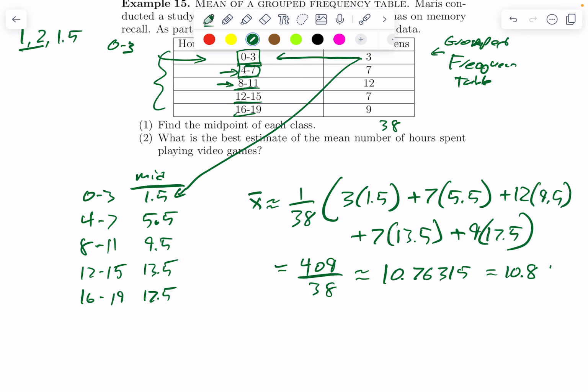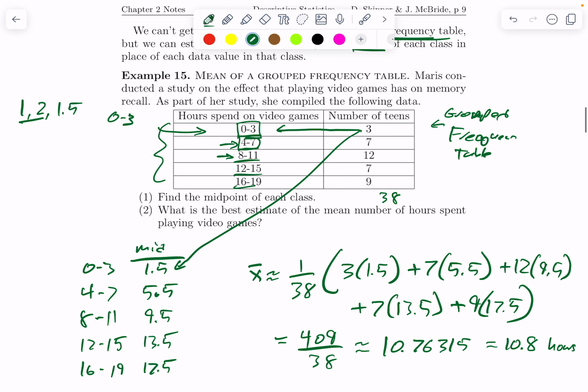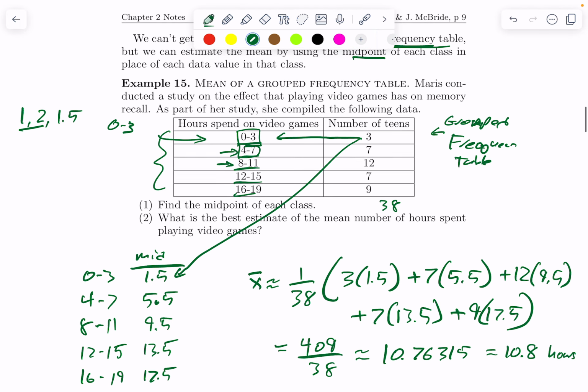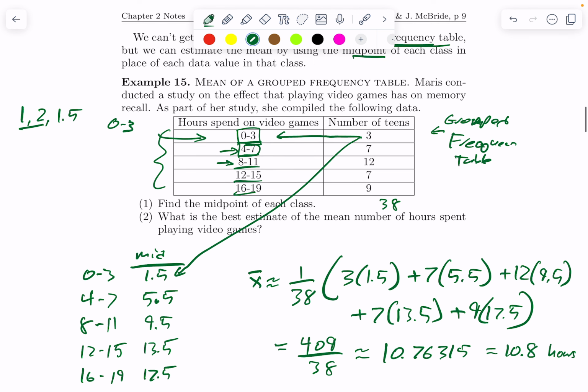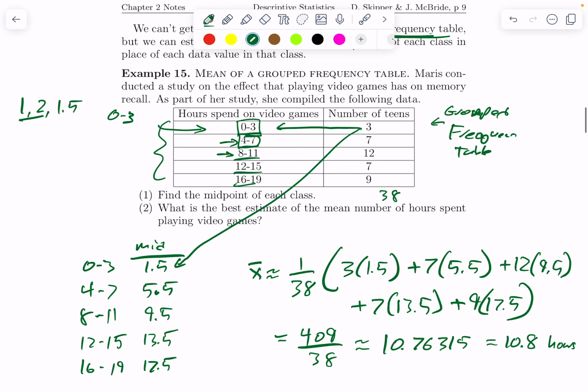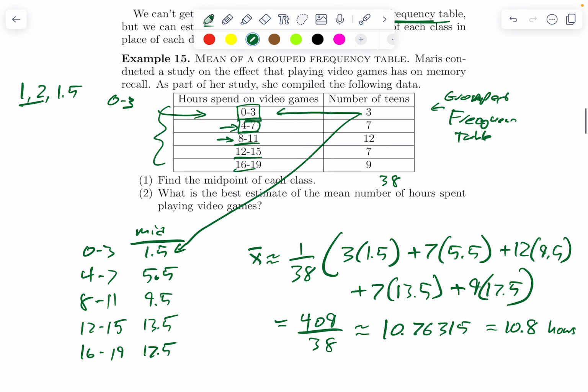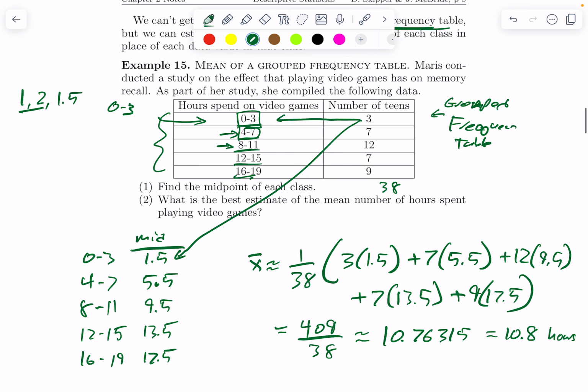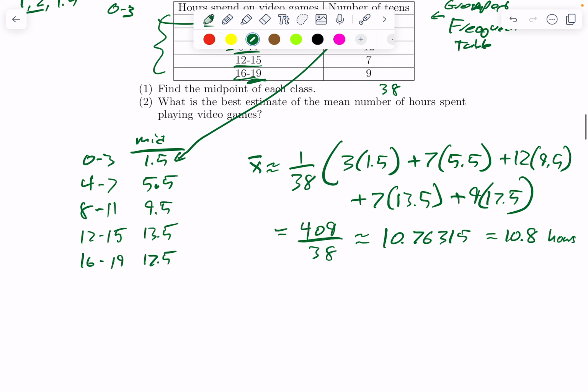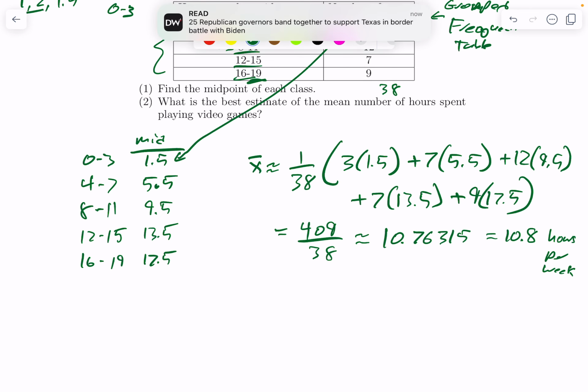And this is going to be hours, probably hours per day. Hours spent on video games. Maybe, no, it must be per week, right? Maybe hours per week. Hours per week. Okay.